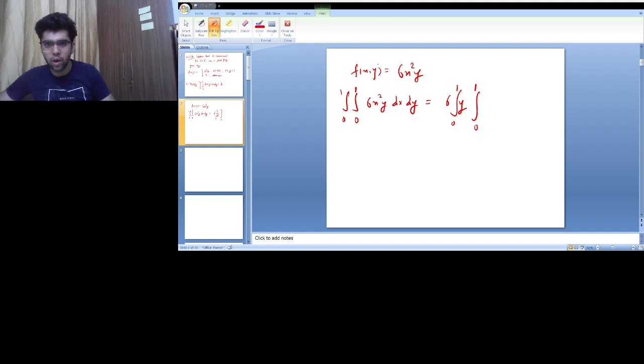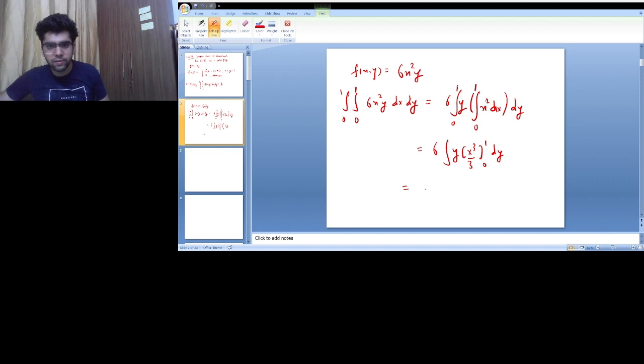So I'm taking y out, and we are left with x² dx, right? I'm putting a bracket here, and my dy will come here. Now the integral of x² will become x³ by 3, and I'll draw a bracket from 0 to 1, with the limits, then dy.